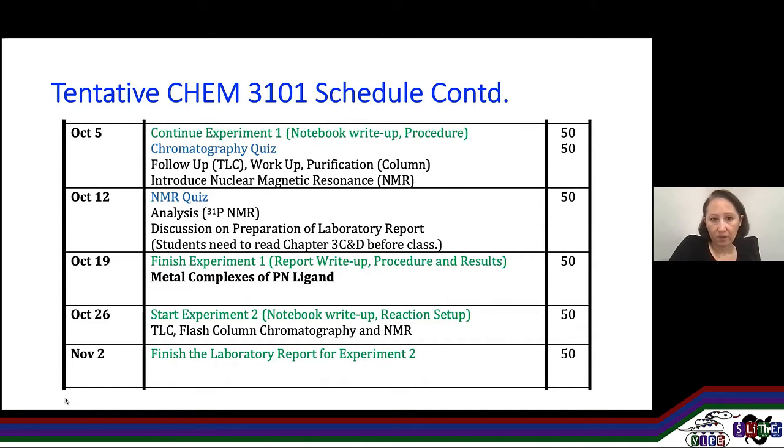And then we focus on phosphorus NMR and then conduct our first experiments. So up until mid-semester, we're still introducing the methods, and we start our experiments quite late in the semester. And then sometimes we do only 2 experiments and don't go to the 3rd experiment because of the troubleshooting that we had to do along the way.